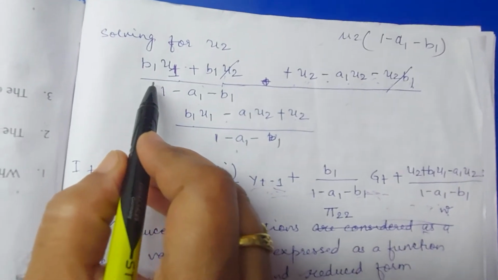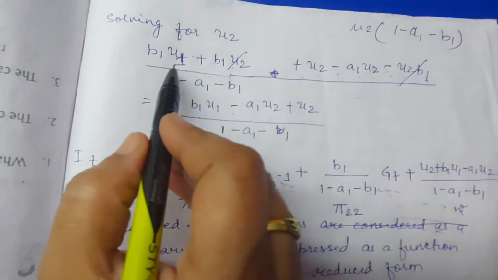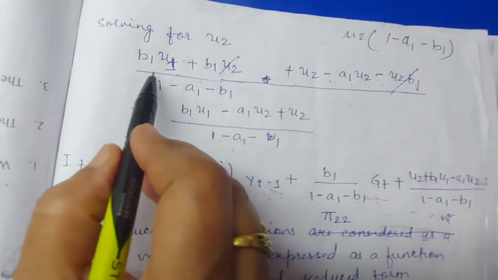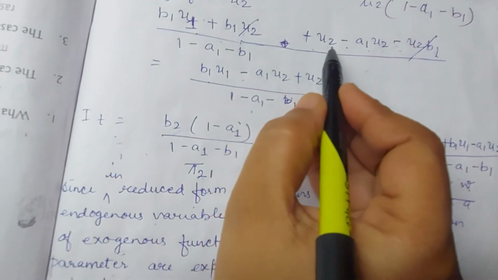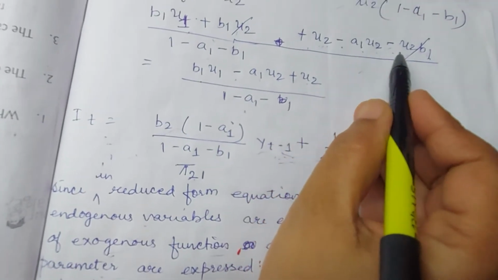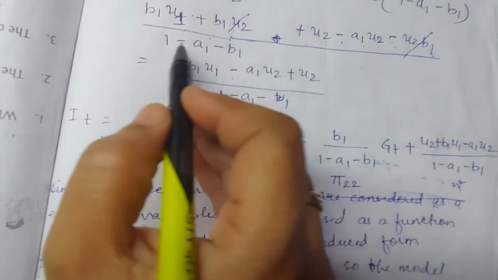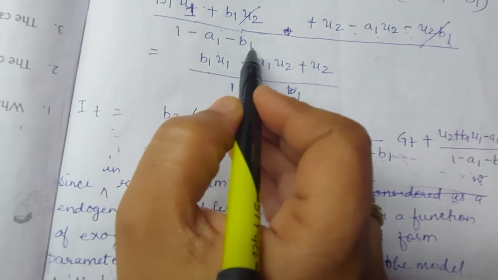Now solve the equation for mu2. Just take the pencil and solve it by yourself along with me. b1 mu1 plus b1 mu2 plus mu2 minus a1 mu2 minus mu2 b1 upon 1 minus a1 minus b1.